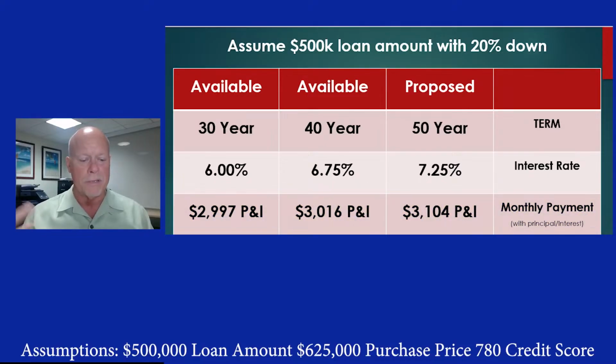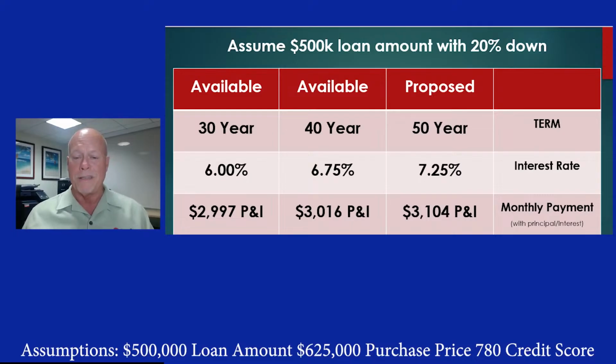So the next row, though, tells the real story. 6% 30-year loan, $2,997 principal and interest. 40-year loan, $3,016 principal and interest. 50-year loan at the 7 1/4 rate that I'm assuming, which I think is reasonable, $3,104 principal and interest. Well, if you notice, the 40 and 50-year terms have a higher principal and interest than the 30-year term.